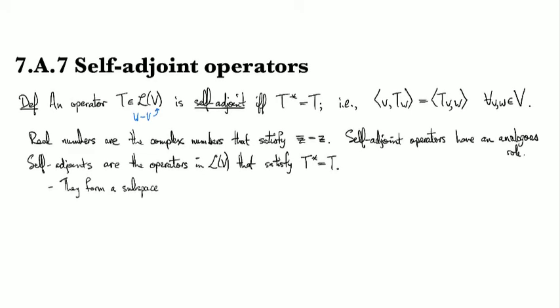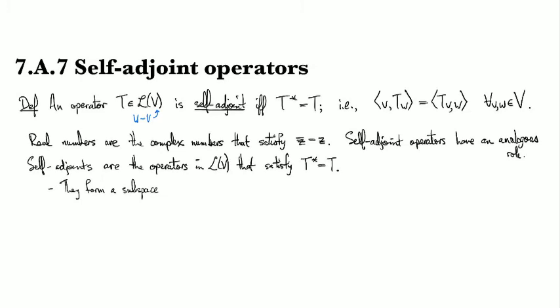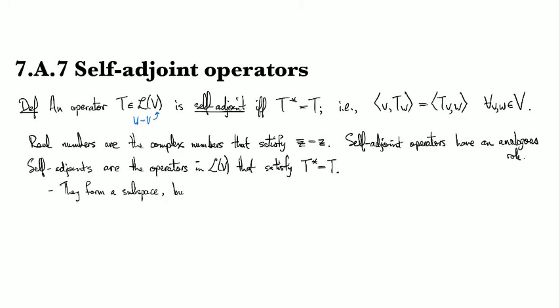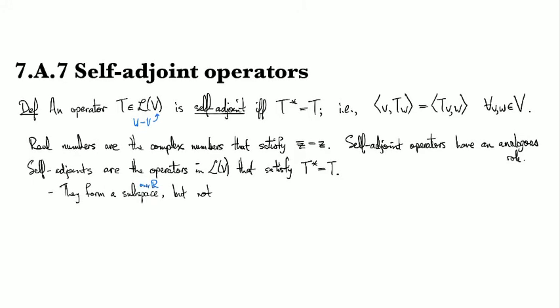So scalar multiples of self-adjoint operators, at least by real scalars, are also self-adjoint, and so are sums of self-adjoint operators. But they do not form a subalgebra.